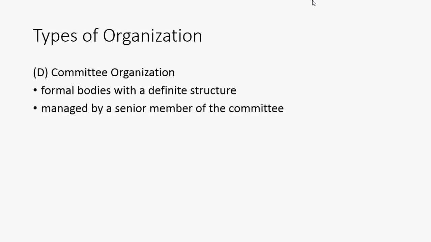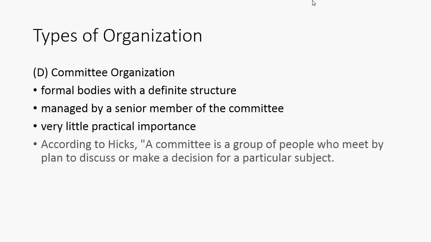The next type of organization is the committee organization. It is a formal body with a definite structure. The committee organization is managed by a senior member of the committee. It has very little practical importance.